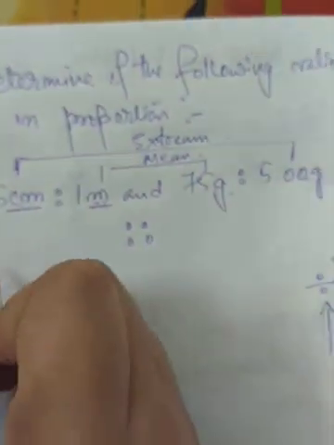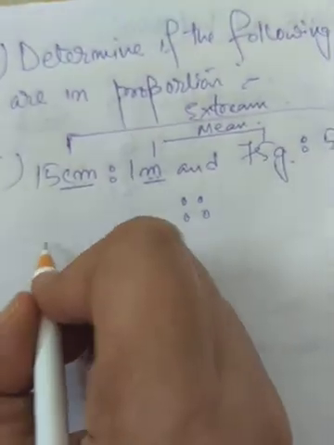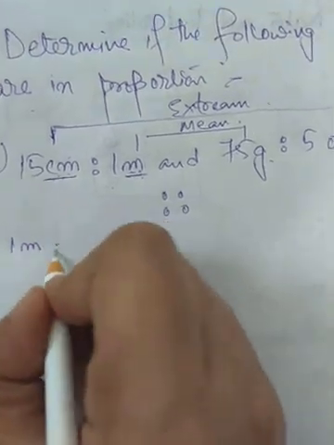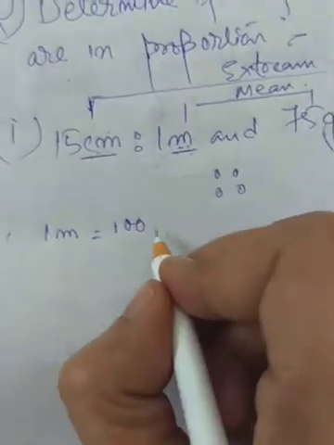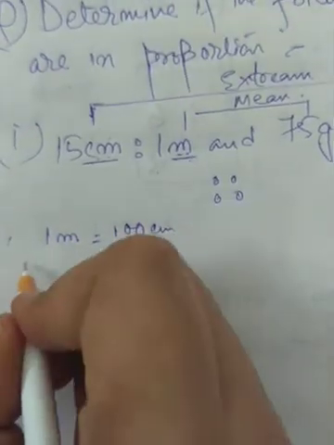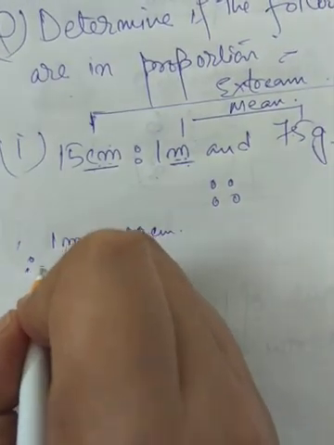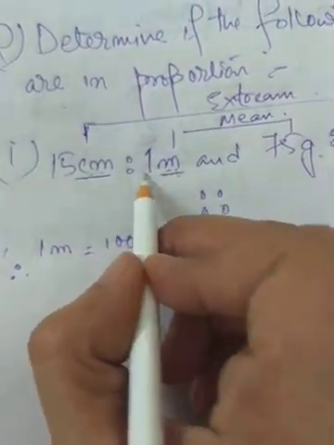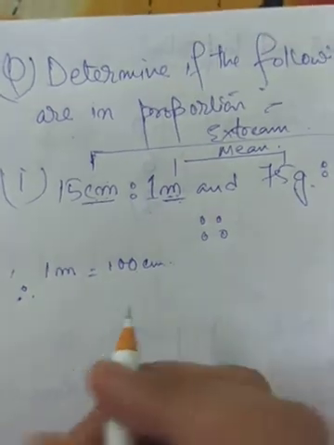Okay. So first let us convert it. 1 meter is equal to 100 centimeter. Therefore 1 meter, this is only 1 meter, so it is 100 centimeter.